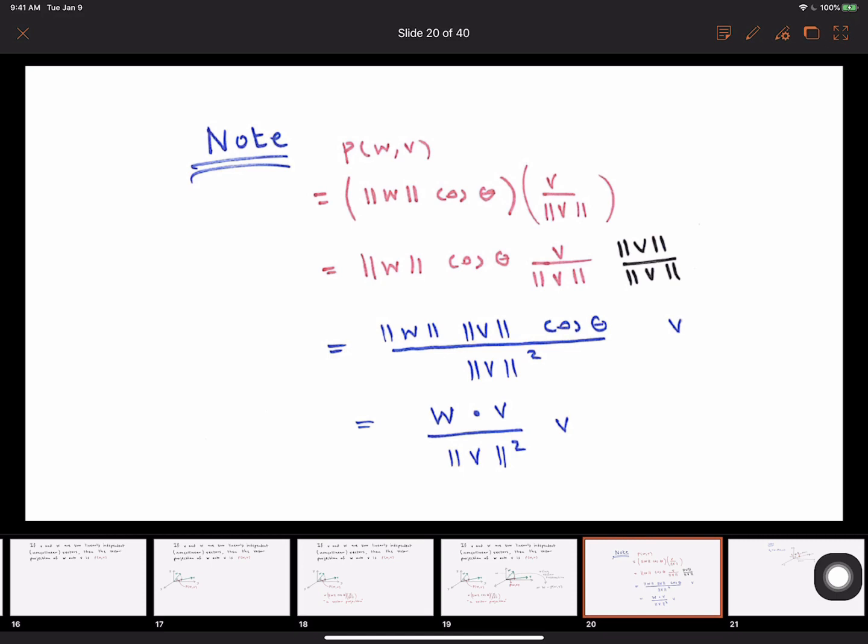Look at the numerator. This numerator reminds us of the dot product of W and V. Now you have a new form for the projection of W onto V, which is W dot V over the magnitude of V squared multiplied by V.